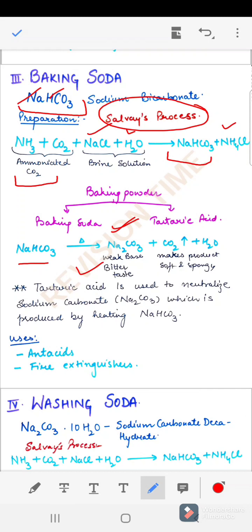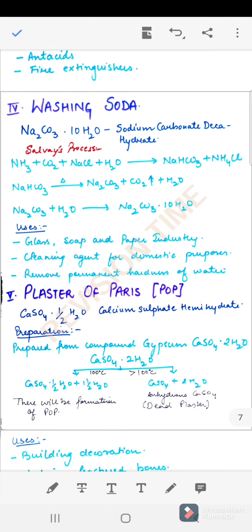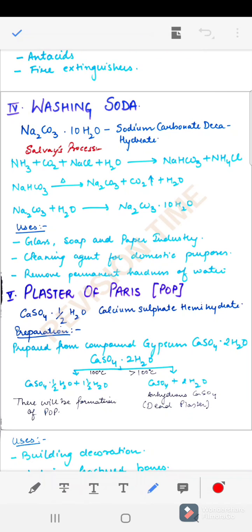So what are the uses of baking soda? We all know antacids, we studied in the previous lecture, and they are also used in fire extinguishers. Next we have washing soda. Washing soda is sodium carbonate decahydrate. Here we have the water of crystallization. We will discuss further.